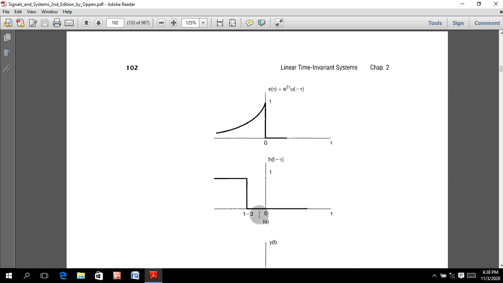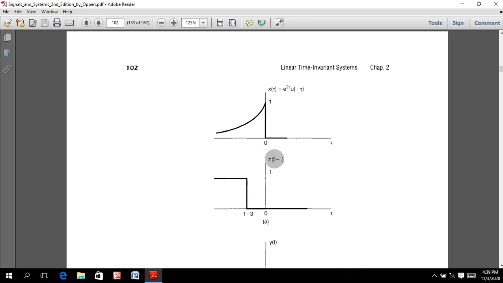We have h of t, and we put minus t in place of t. For that minus t value, the signal has just been reversed. It is nothing but the mirror image of the original signal. That's why the signal has started from t equal to minus 3. If you take a close look, it has started from t equal to minus 3. From this region it goes through that region. So this is the impulse response.